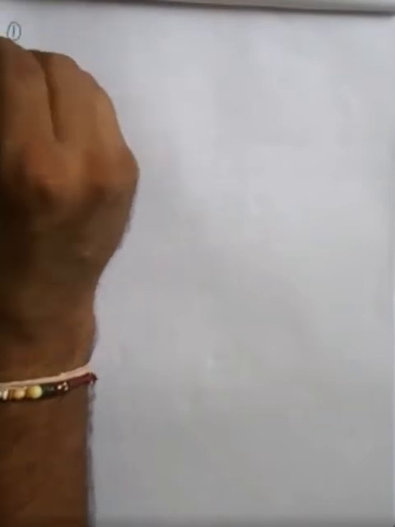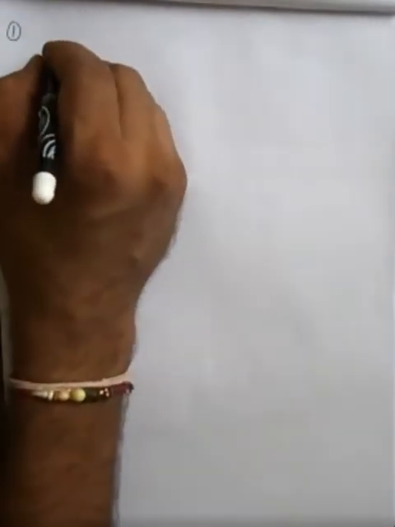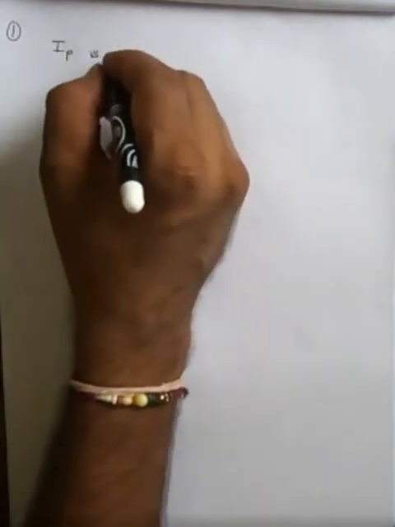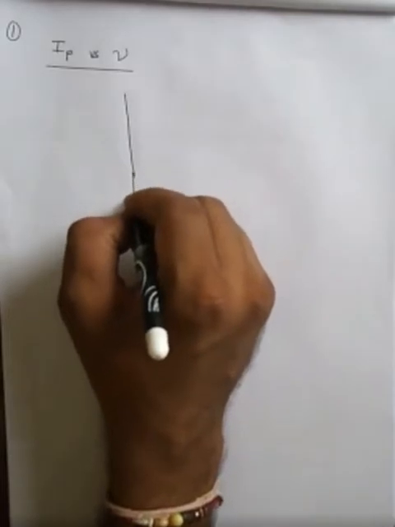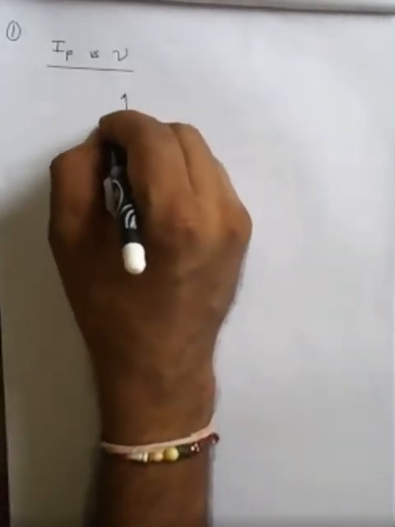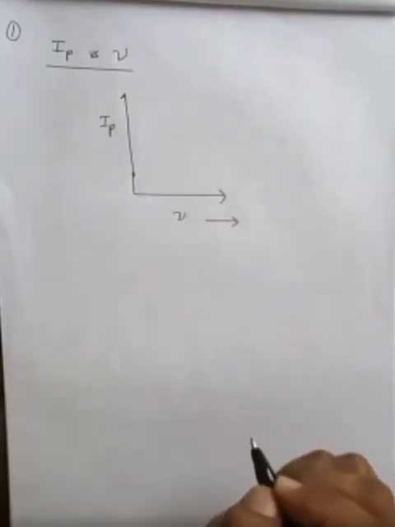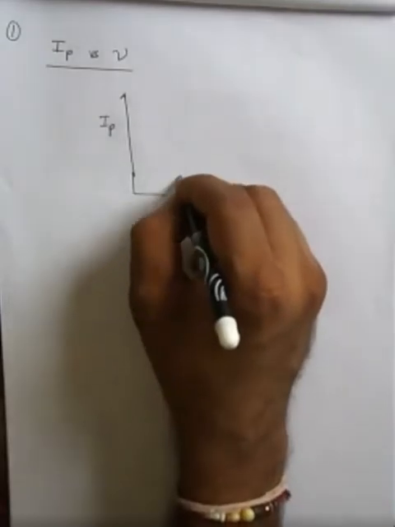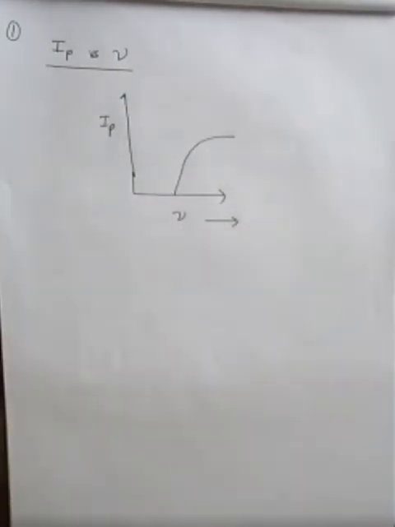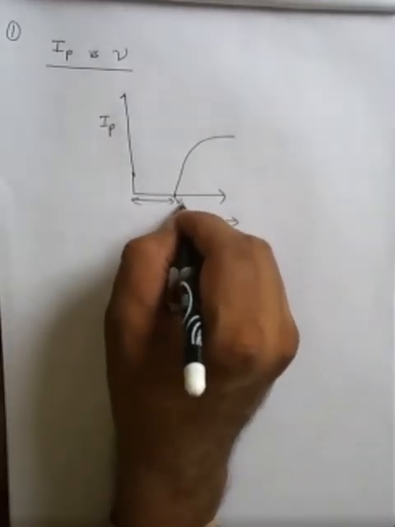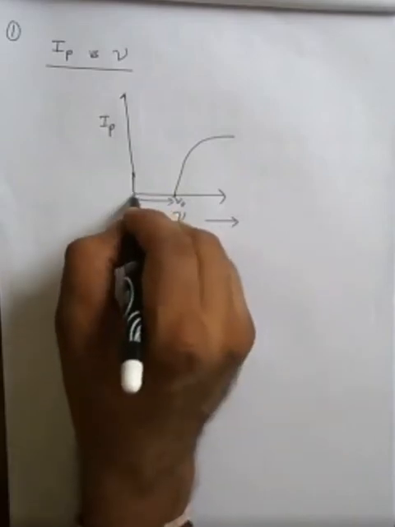First, the experimental observation was the variation of IP versus the frequency of incident radiation. So this is the photoelectric current IP, and this is the frequency of incident radiation. And they observed the variation like this. It means in this frequency range there was no current. Current is zero.